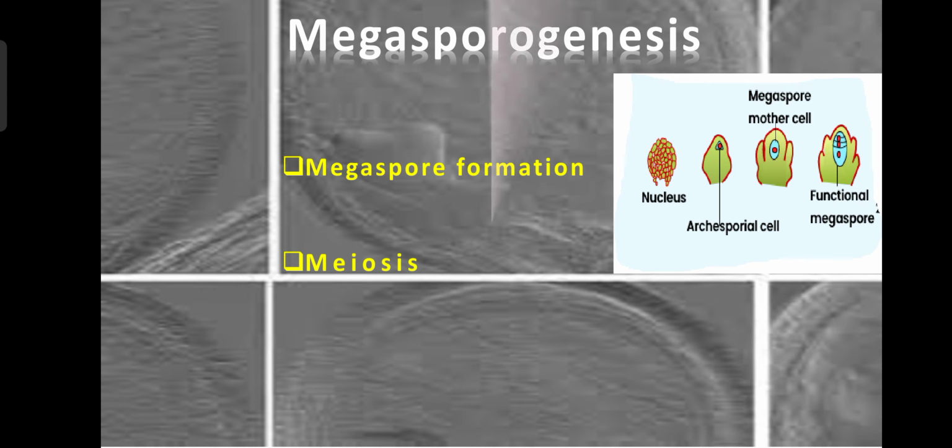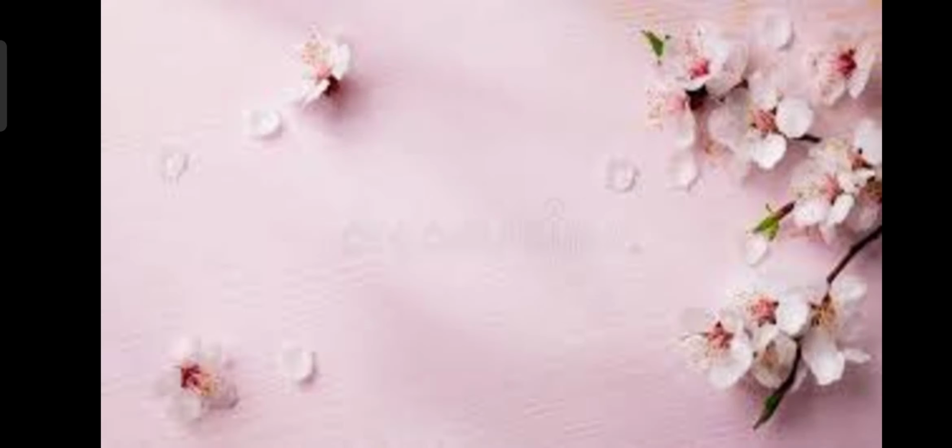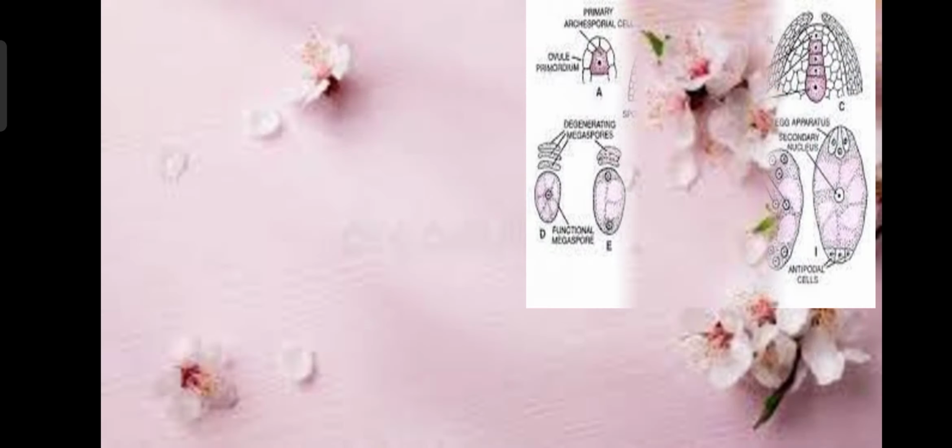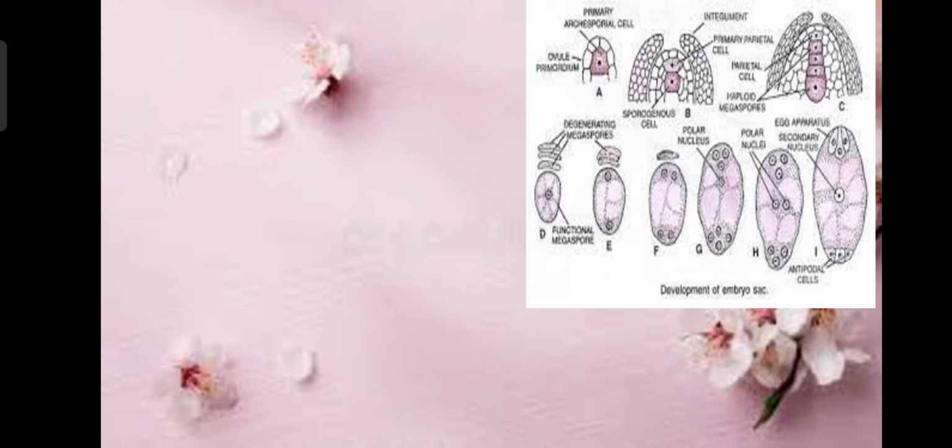Now, we will study the steps involved in megasporogenesis. Inside the ovule there are some hypodermal cells. These hypodermal cells are initially very small.